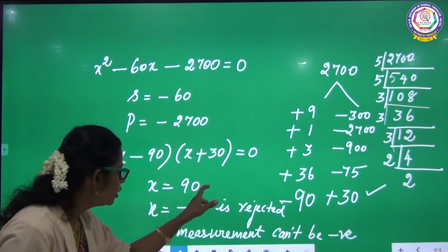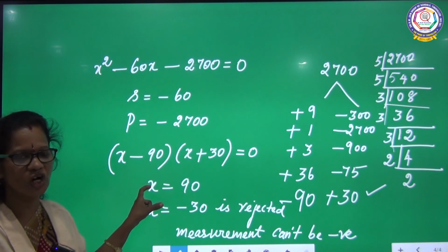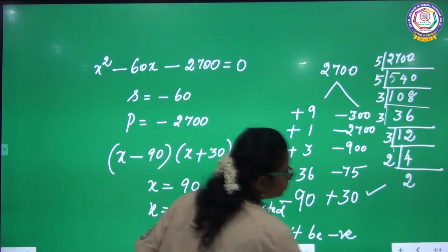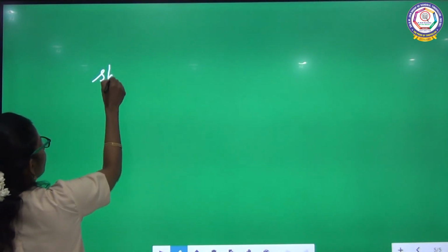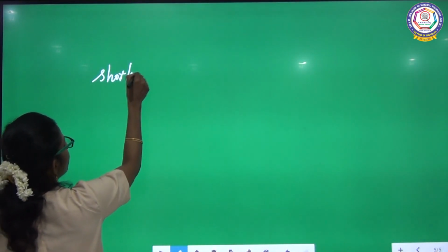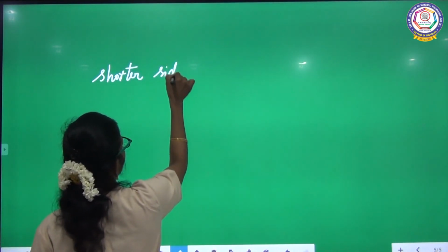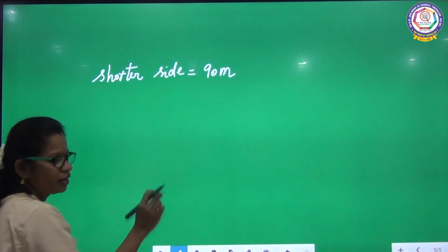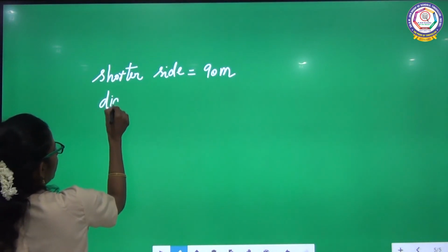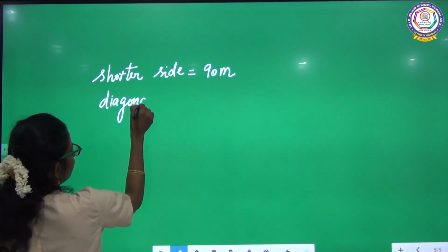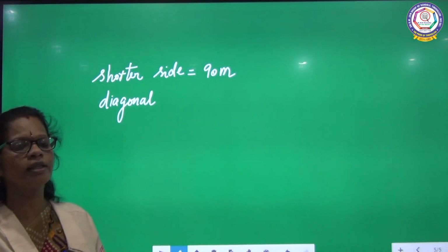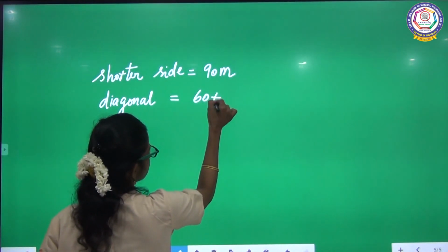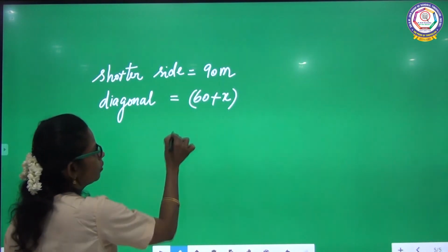Now, what is the shorter side? The length of the shorter side is 90 meter, right? Finally, you should highlight the answer. Shorter side equal to 90 meter. Diagonal equal to what they gave? 60 more than shorter, that we wrote as 60 plus x.